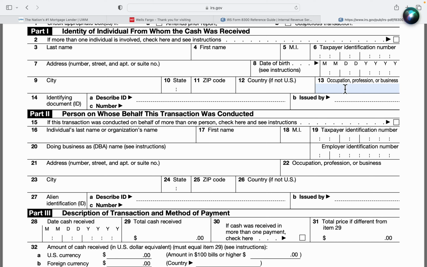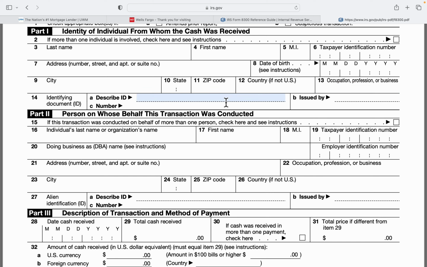Also, you would need to list their occupation, their business or profession. So you will need to be specific. Don't put in anything like self-employed or business person. You would need to say either a plumber, a lawyer, an accountant, a car salesman, whatever their profession is, you need to be specific about it.